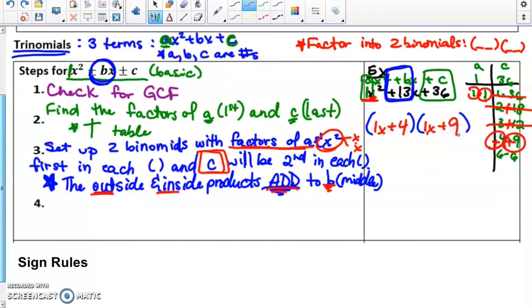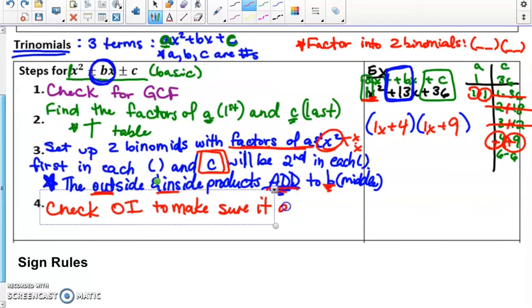Now the very last thing we have to do is we have to check it. So check, I like to call it the OI because we're going to check the outside and the inside to make sure it adds to B. So rather than doing the full FOIL, and we will check it with the full FOIL, all we have to do is just the outside and the inside check.